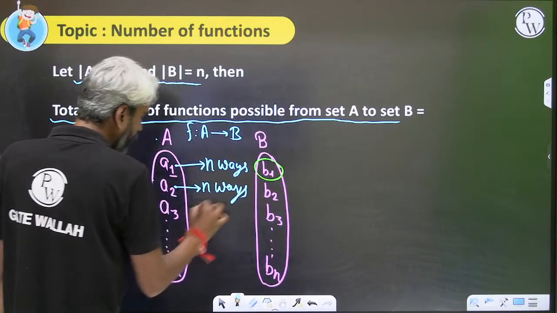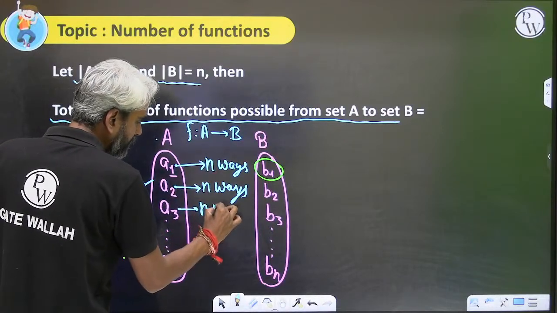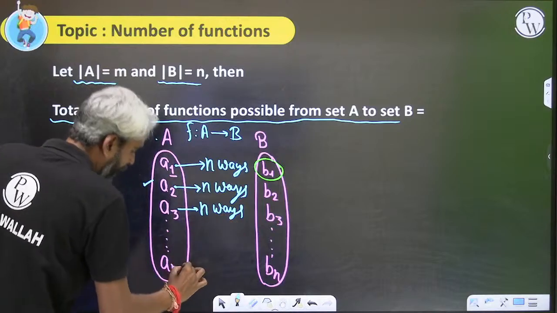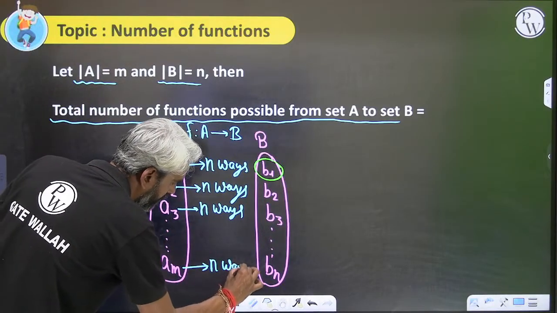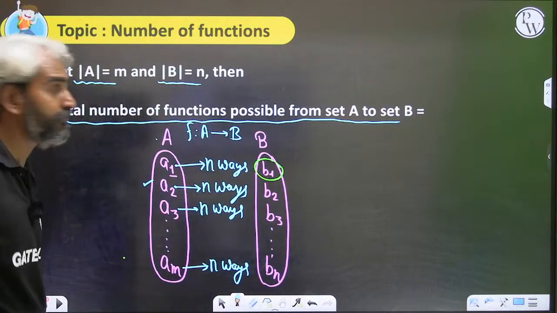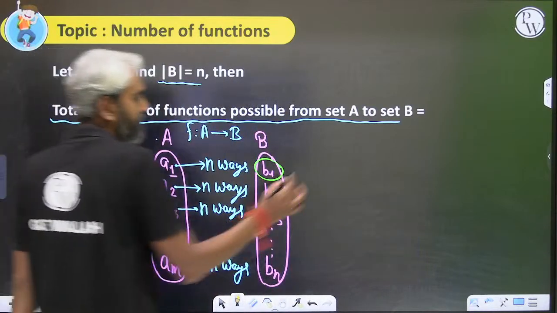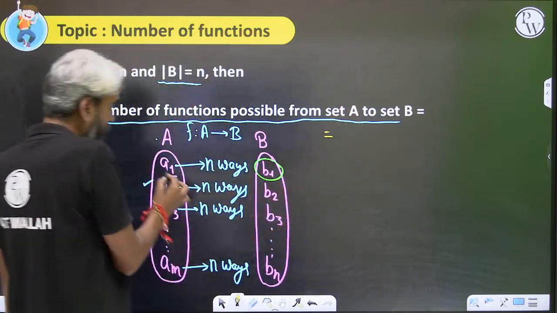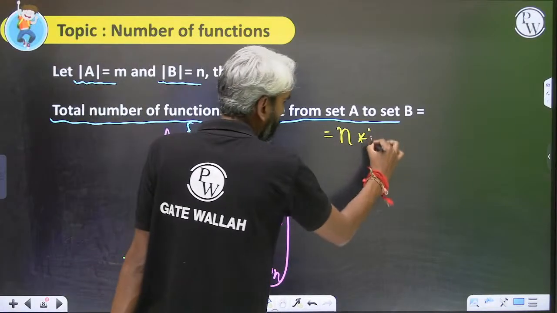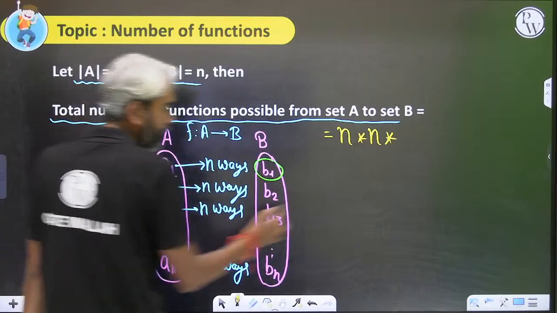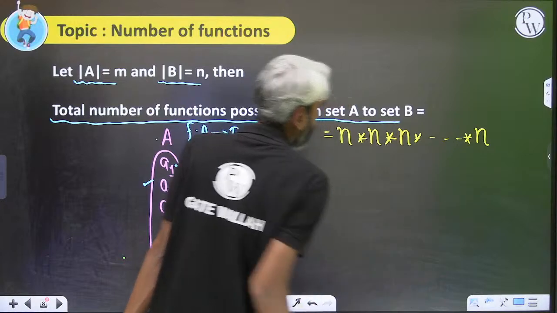For this third element, how many ways are there? Again, the third element can also map with any one of those n elements, so n ways, and so on. The last element can also map with any one of those n elements, so n ways. So how many total functions are possible from A to B? The first element can map in n ways, the second in n ways, the third in n ways, and up to the last element in n ways.